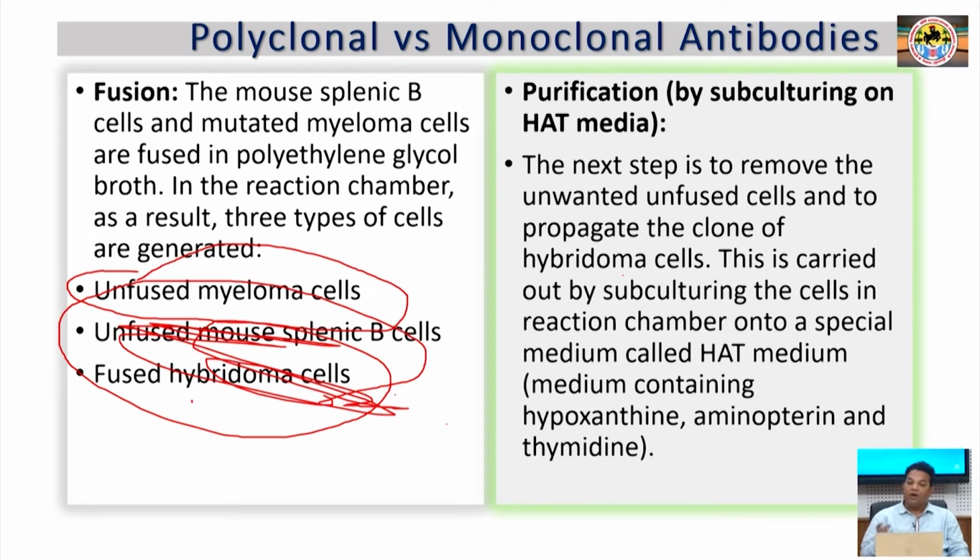Next comes another step, that is fusion. Now, what are we going to fuse? One B cell and one myeloma cell. We fuse the mouse splenic B cell and the mutated myeloma cell, because we do not want the antibody response of the myeloma cell, just its immortal nature.